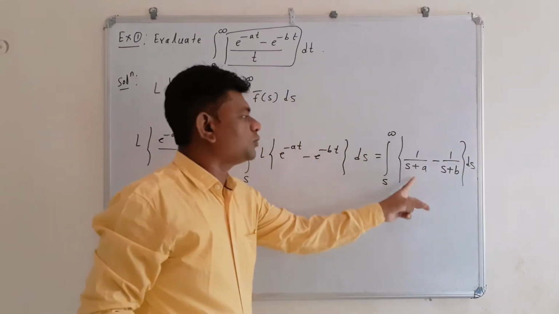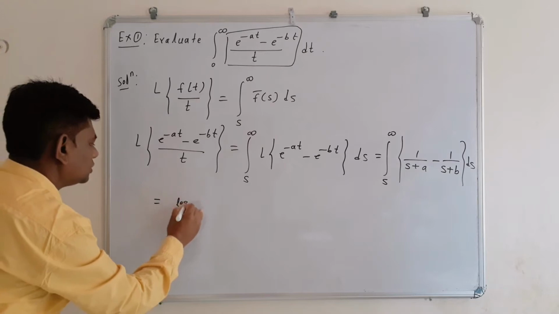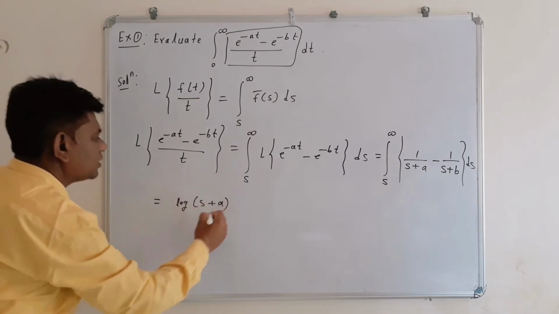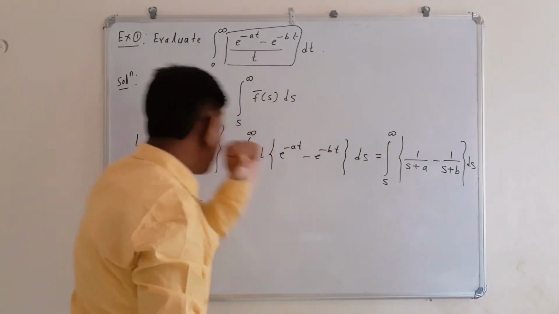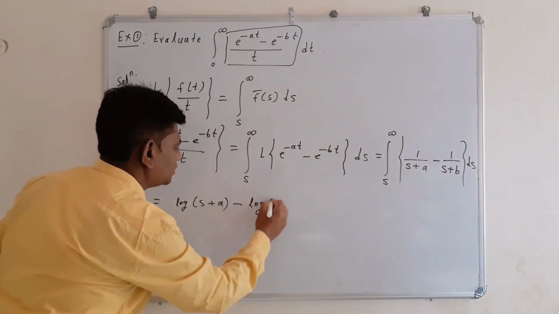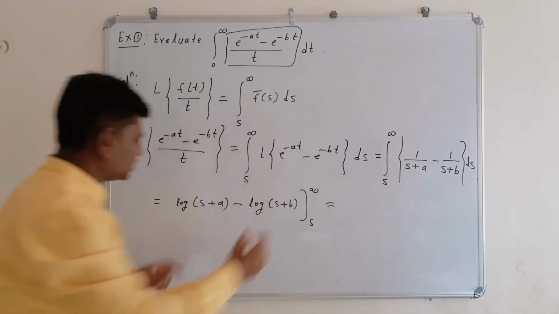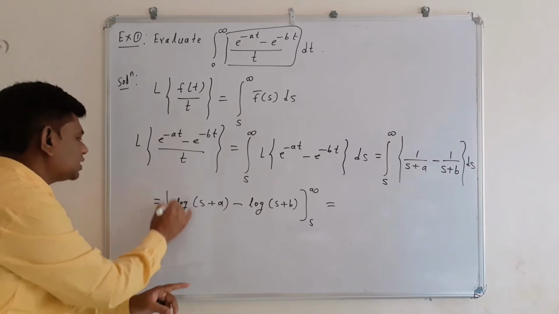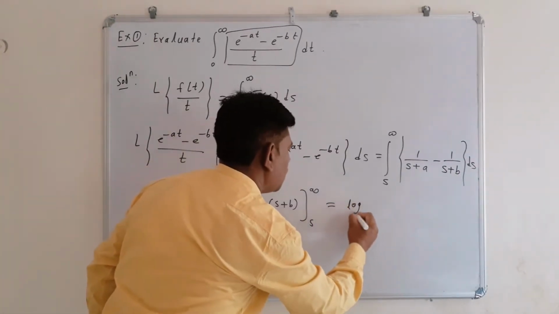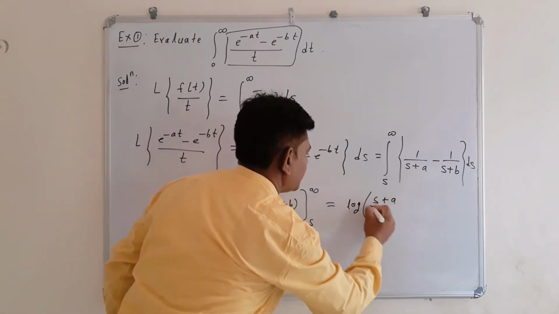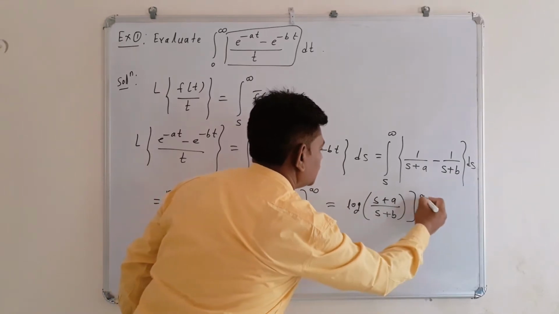Now integration of 1 upon s plus a is log of s plus a, minus integration of 1 upon s plus b, log of s plus b, with limits s to infinity. This is equal to log of s plus a minus log of s plus b, which is log of s plus a upon s plus b, with limits s to infinity.